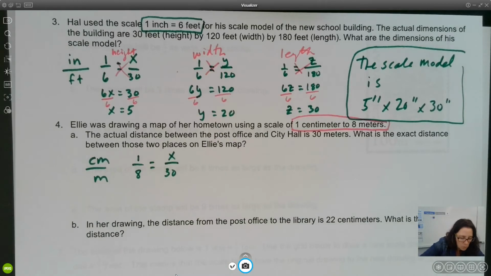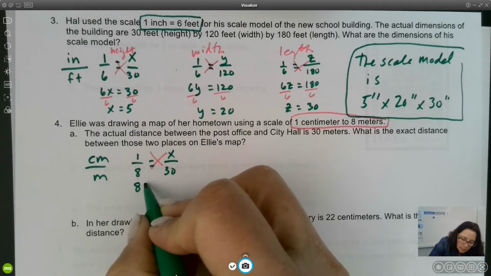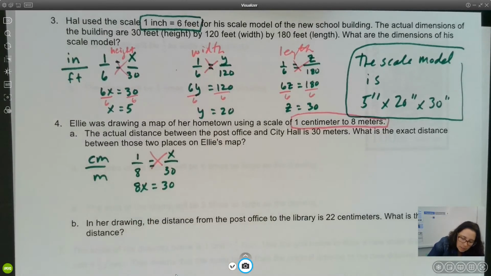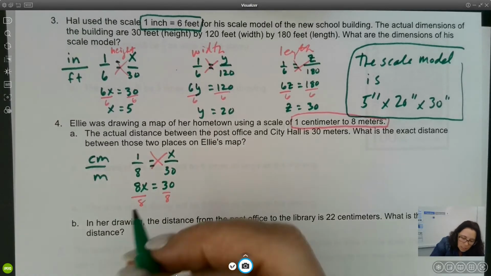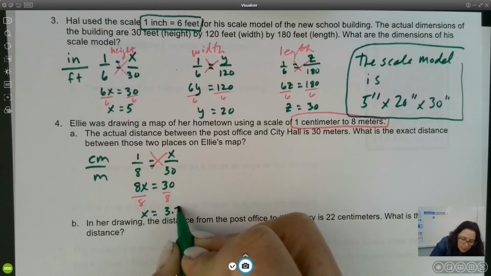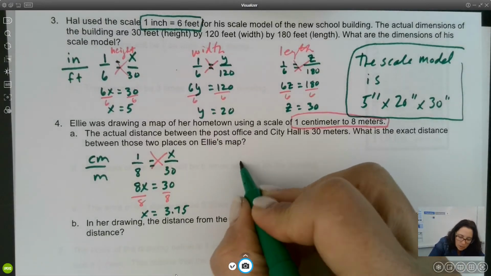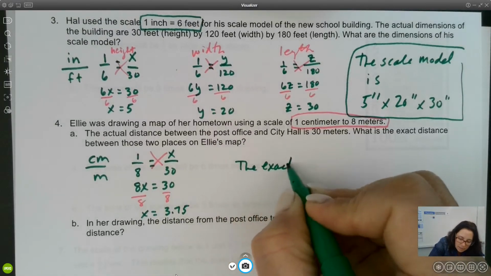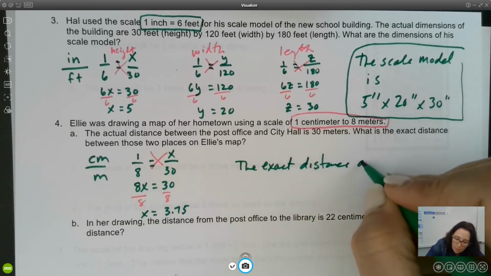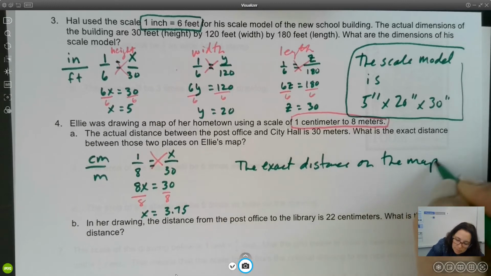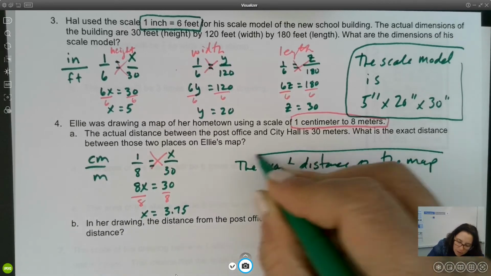So we've got 8x equals 30. When we divide by 8, we would have 3.75. Okay, so the exact distance on the map is 3.75 centimeters.